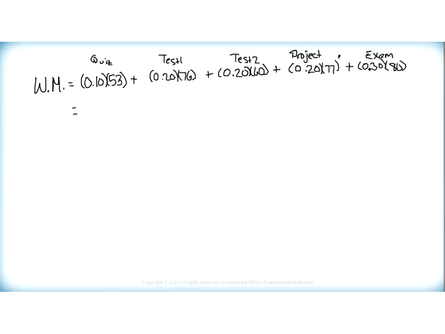So 0.1 times 53, that's going to be equal to 5.3. 0.2 times 76, that's going to be 15.2. 0.2 times 60, that's going to be equal to 12.0. 0.2 times 77, that works out to 15.4. And 0.3 times 80, that works out to 24.